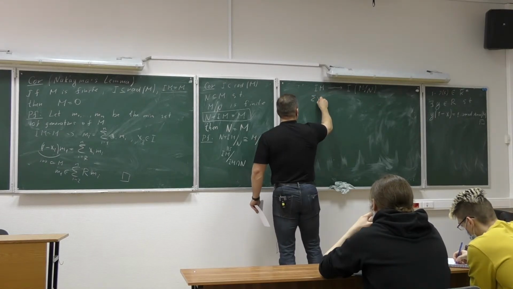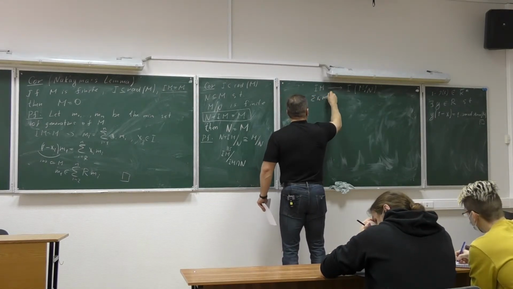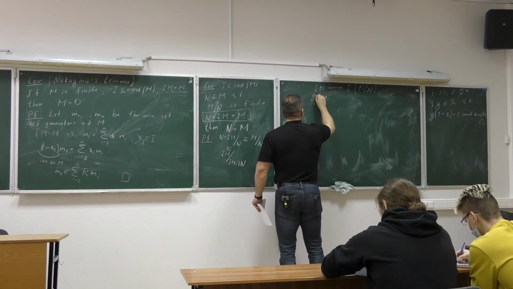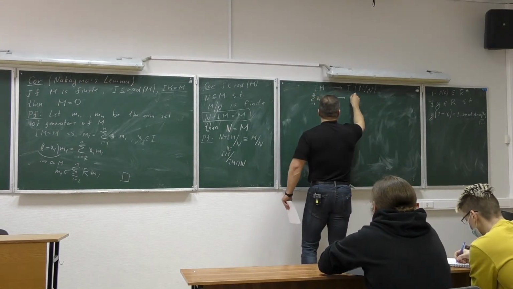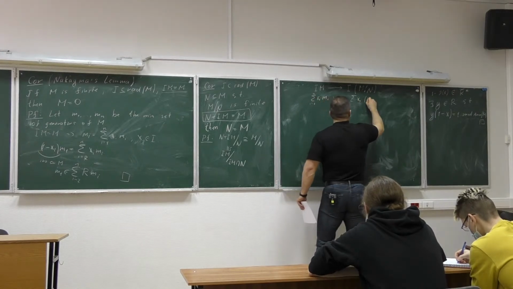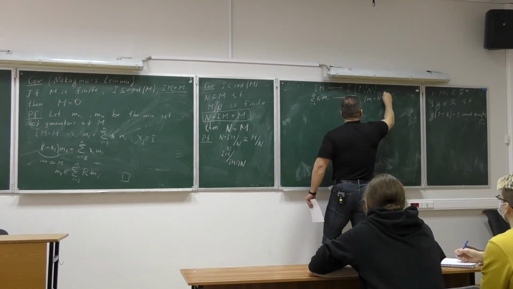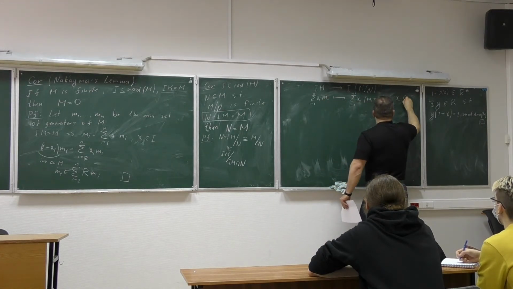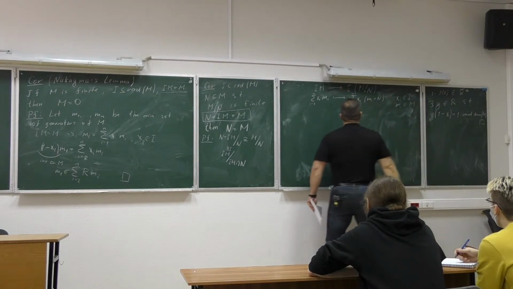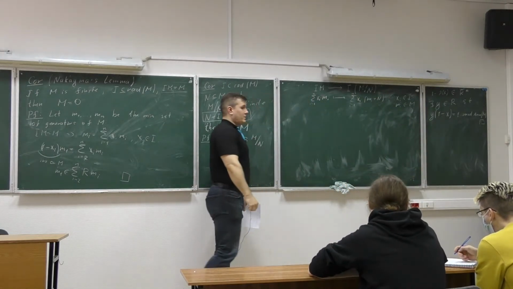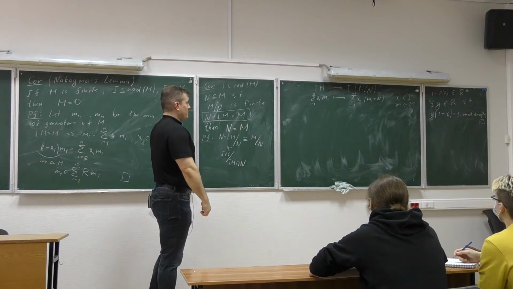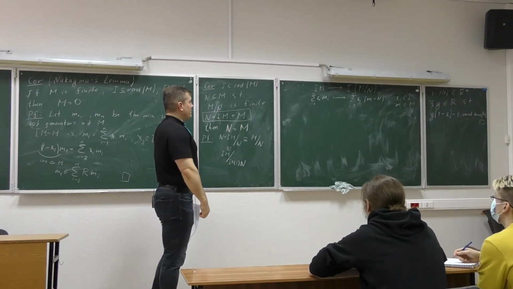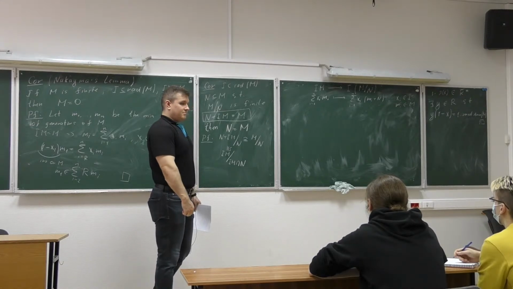If you have a finite sum xi mi, then you just send this to the finite sum of xi times the class of mi. Right? So clearly this is a well-defined canonical map, and clearly this is a surjective map.